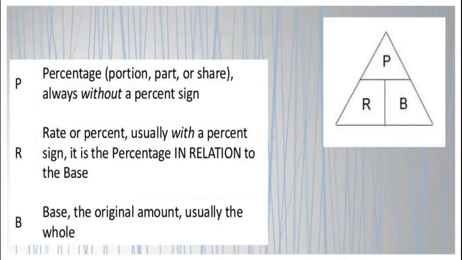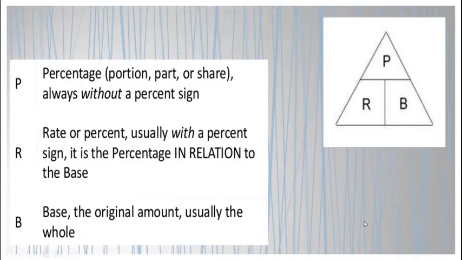While the rate has a symbol of R, or we call it rate or percent, usually with a percent sign, and it is the percentage in relation to the base. While the base, with the symbol of B, is the representation of the original amount or the whole of a thing.